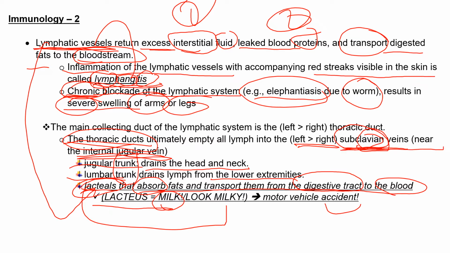All right, so what you do need to know is that most of the lymphatic vessels of the body empty into the left subclavian vein, and it's very easy to remember.